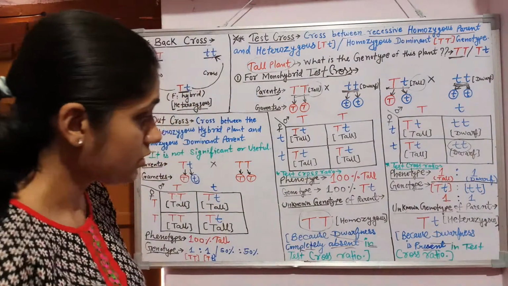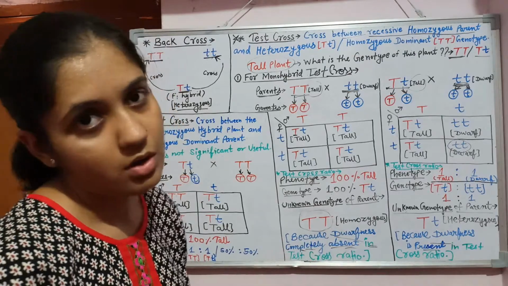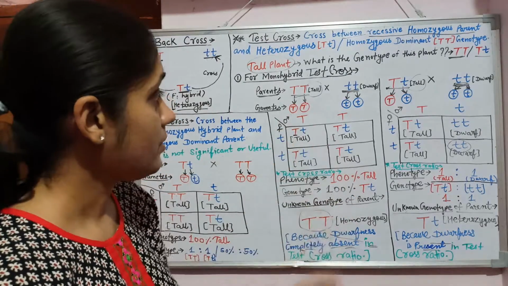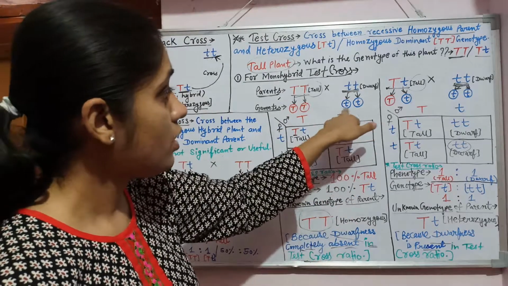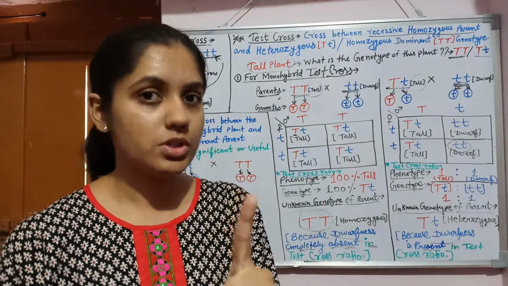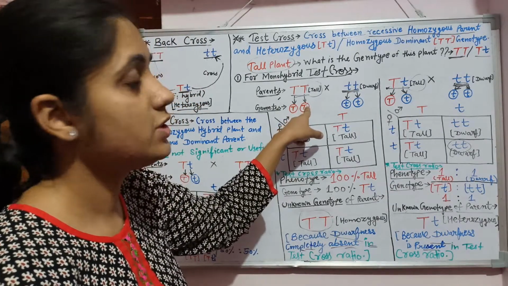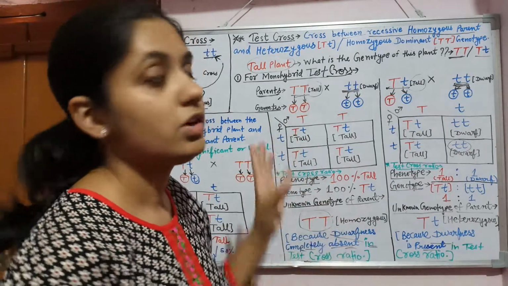All the time we must follow this. So here you see that dwarfness is completely absent. Why? Because these two dwarf alleles do not form one progeny. If one allele of dwarfness is present, then the dwarfness is present.